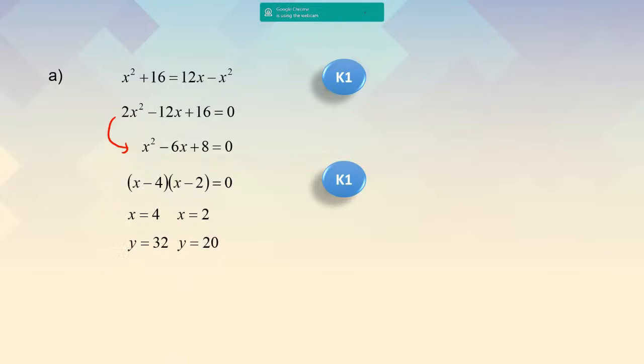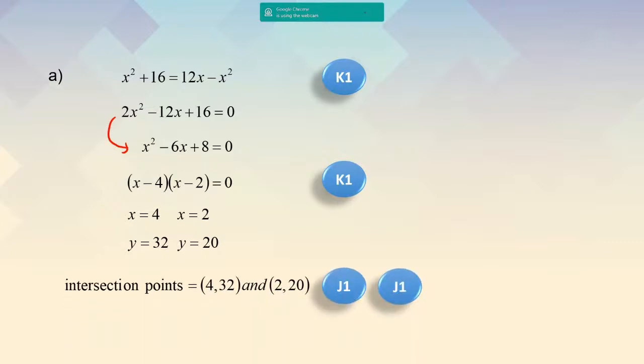Then find the values of y. So you'll get y equal to 32 when x equal to 4 and y equal to 20 when x equal to 2. Okay, so the question is find the coordinates A and B, which means you need to write down your points in coordinate form, okay, in xy.